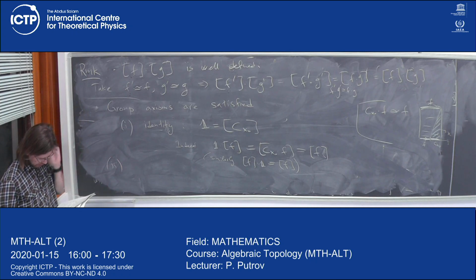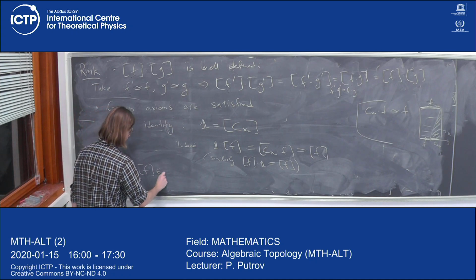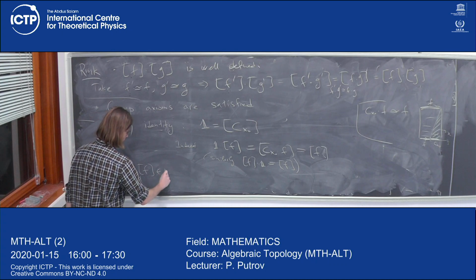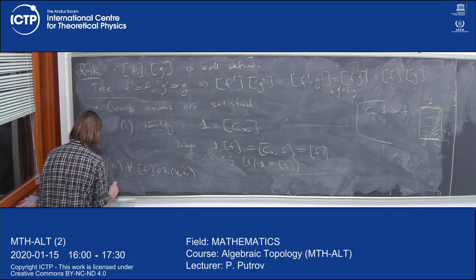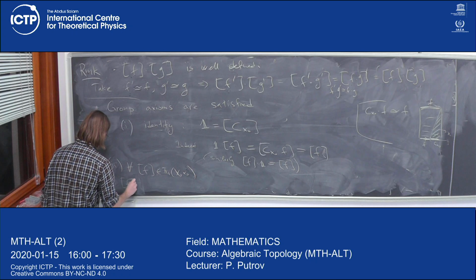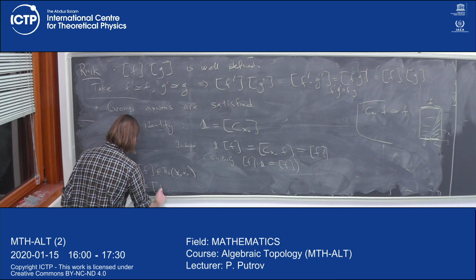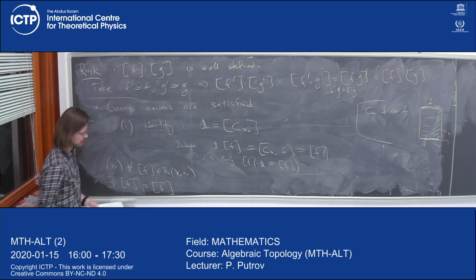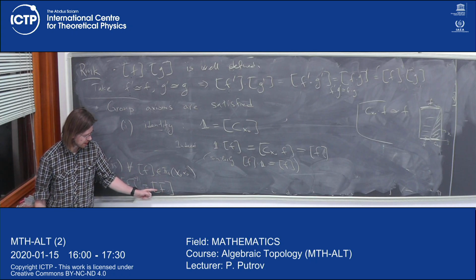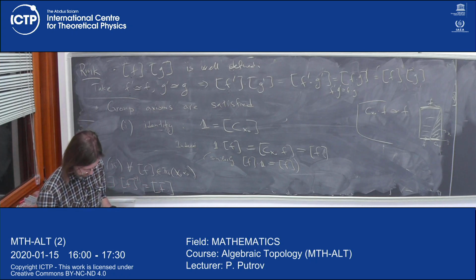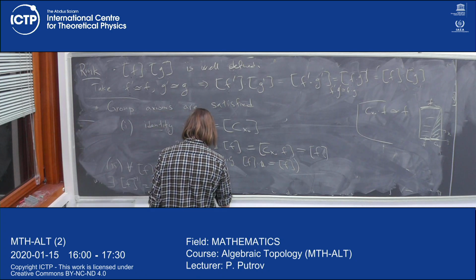Second is the existence of an inverse. For any element f, there exists an inverse, and this follows from the fact that as an inverse we can take the class of the inverse path.